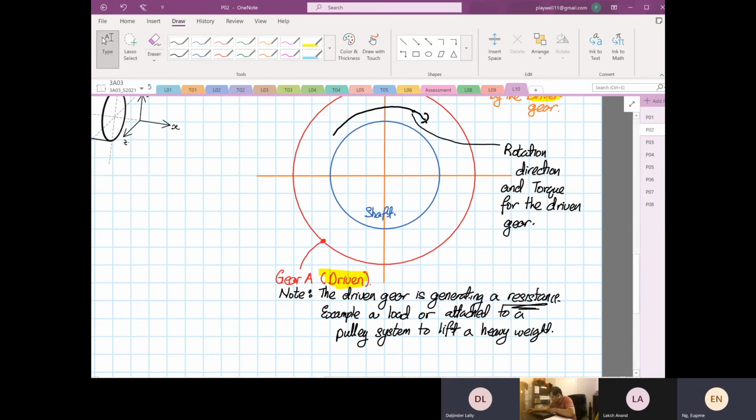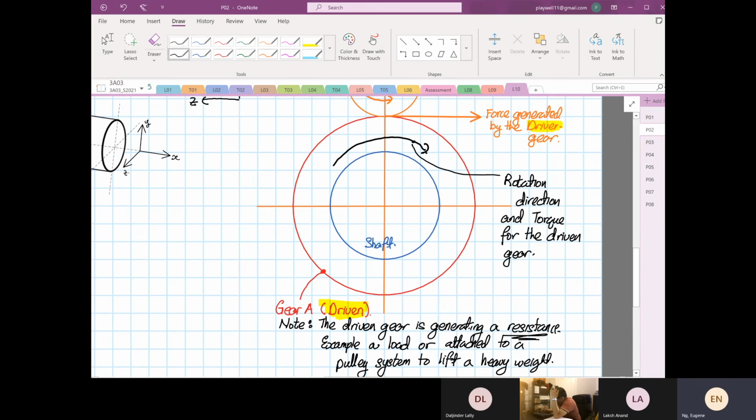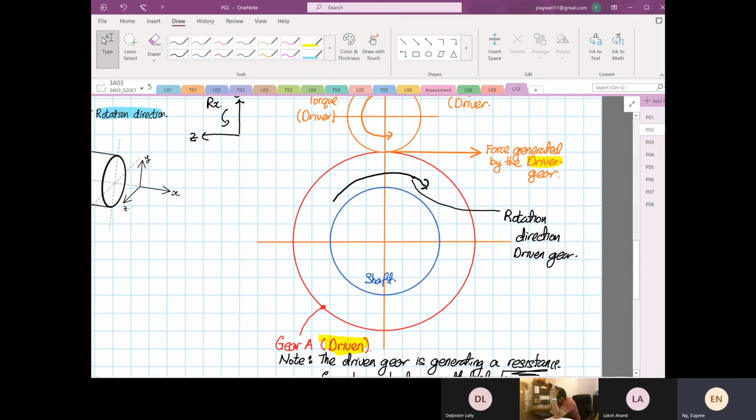But you be careful. What did I just say? The driven gear is always generating a what? Resistance. Exactly. So there's no torque down here. The torque is not in this direction. The rotation of the driven gear, so the torque is in which direction?